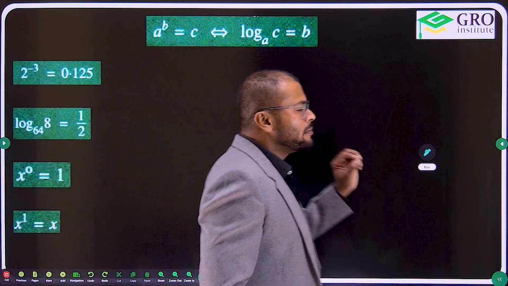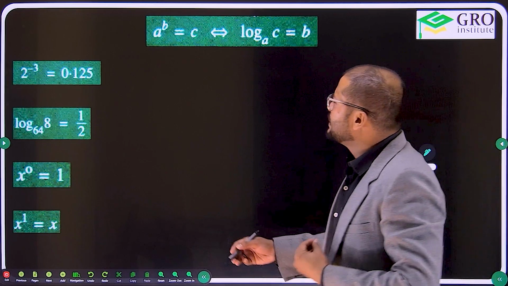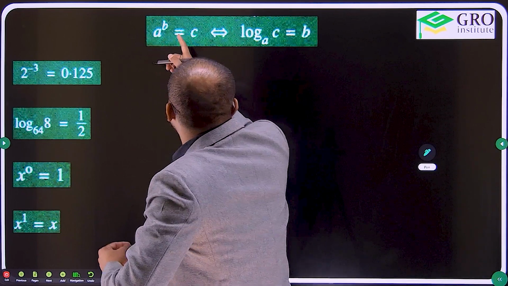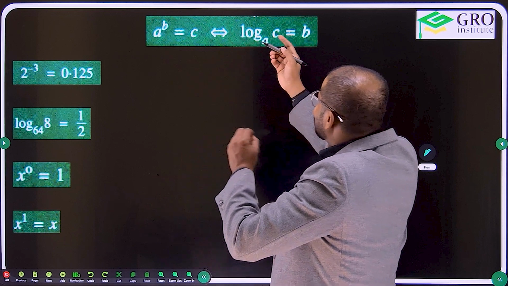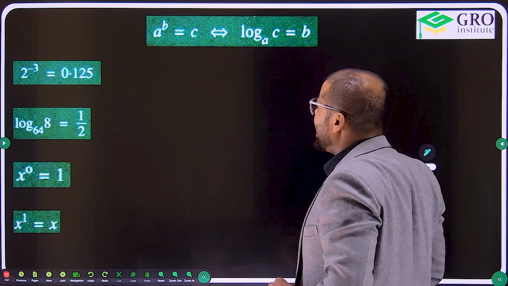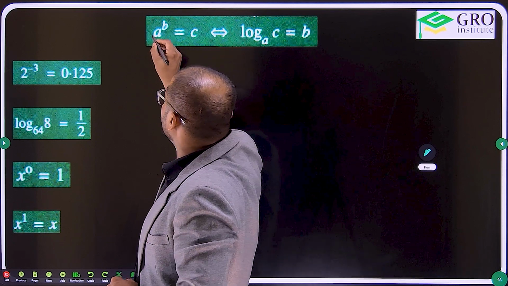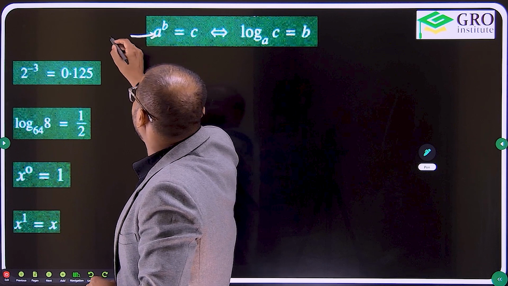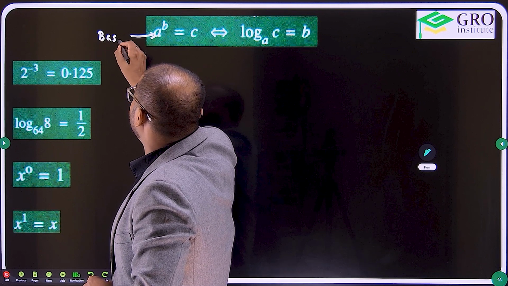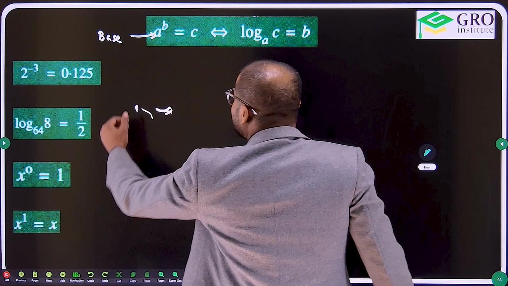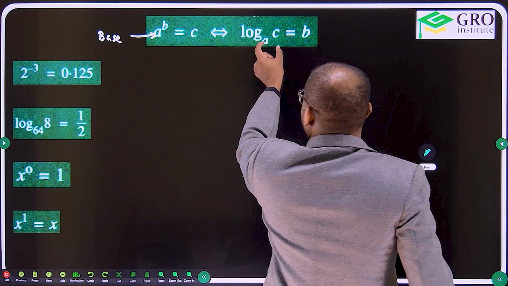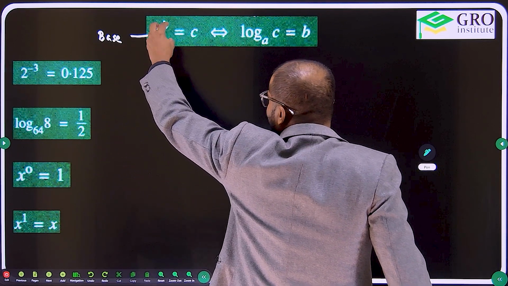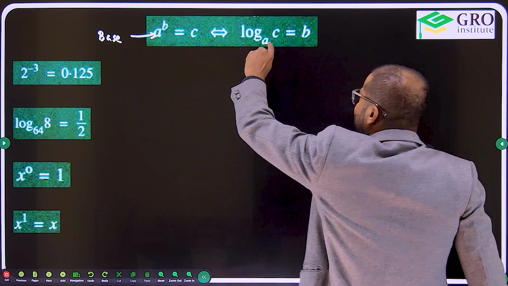A to the power b is equal to c. This is exponential form and this is log c with base a. So in this case you know very well that the one below is always the base, and you can see that base remains base. Here also a was written below, here also a is written below.